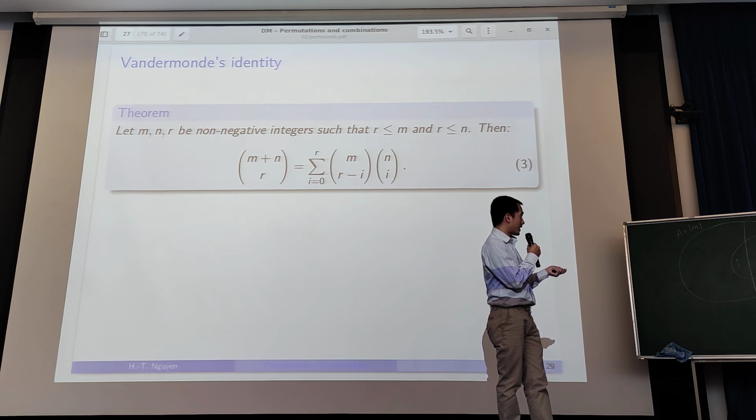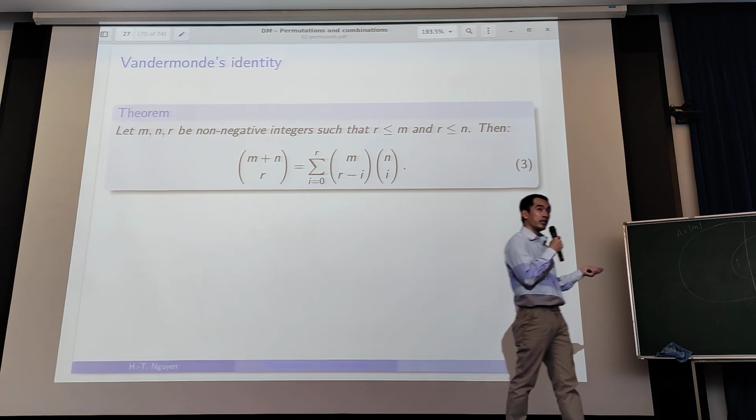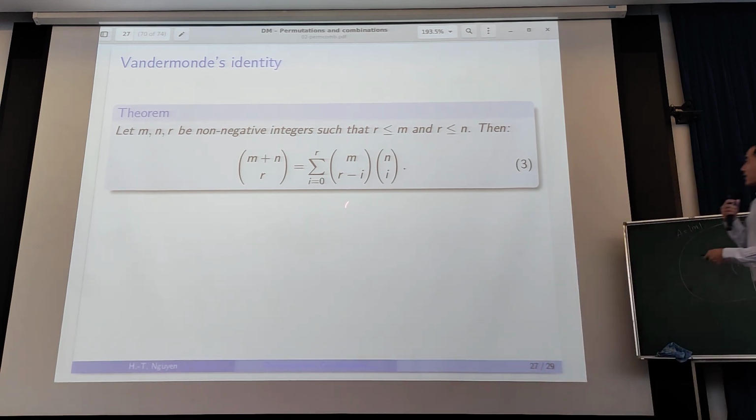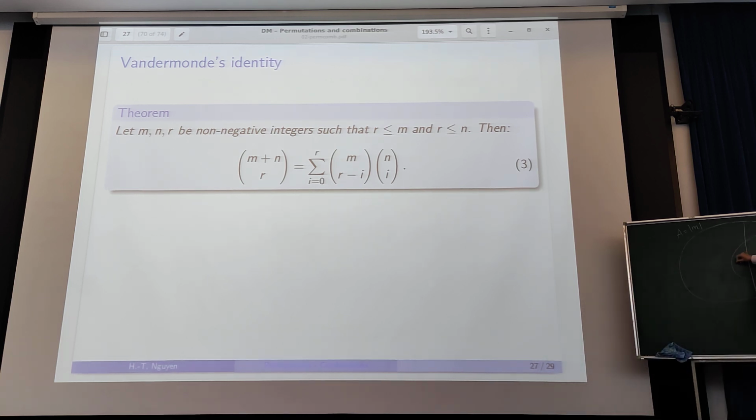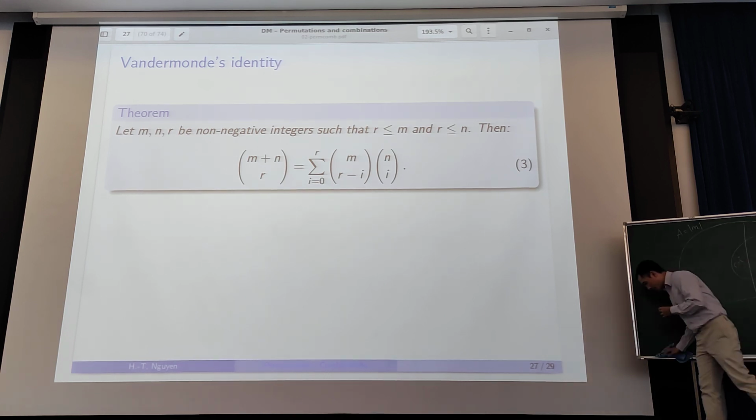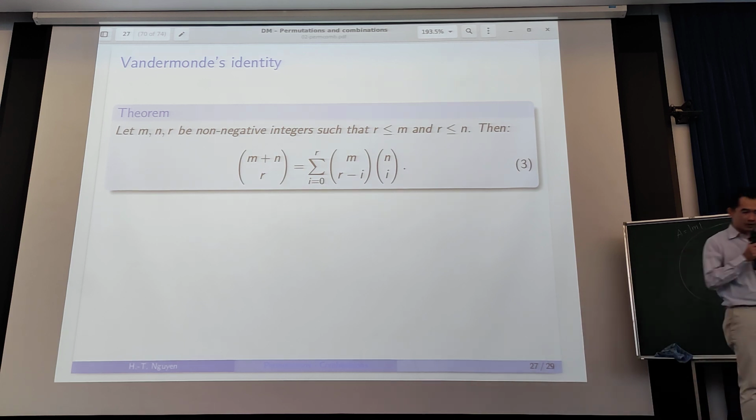So any subset of size r can be viewed as a subset of size i of A combined with a subset of size r minus i of B. So here you can see that I must switch i and r minus i, so that corresponds to the formula.